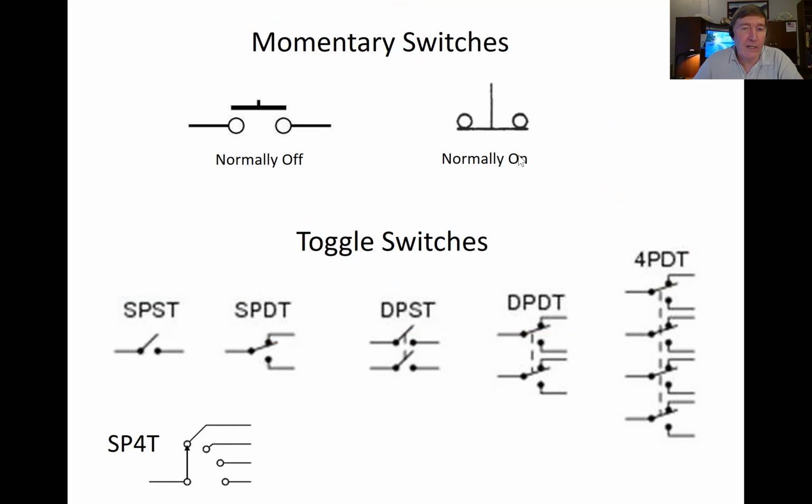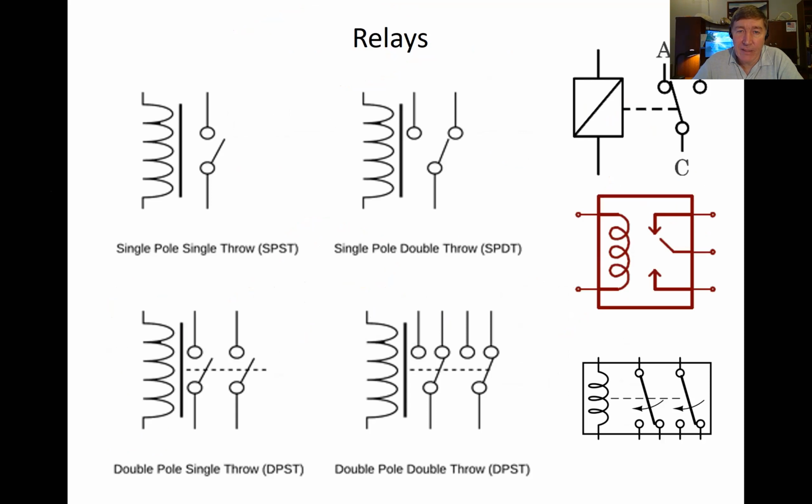Okay, so that's switches. Now, what about relays? What is a relay? Well, a relay is very much like a transistor. A relay is something where you've got, well, I better not say 3, but you've got a control.